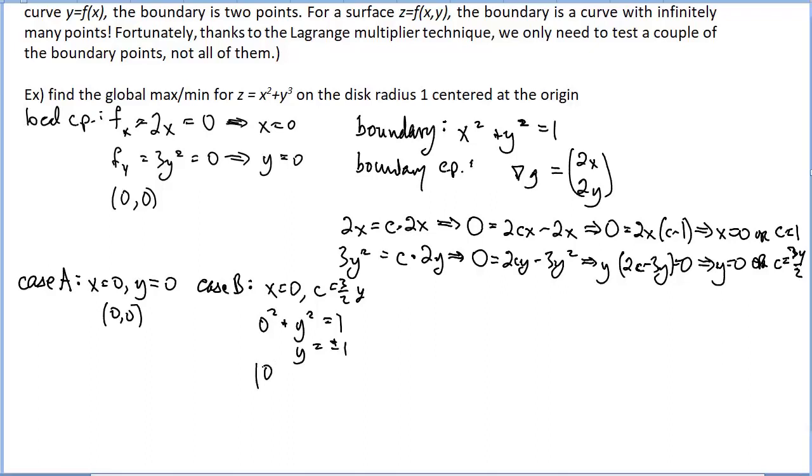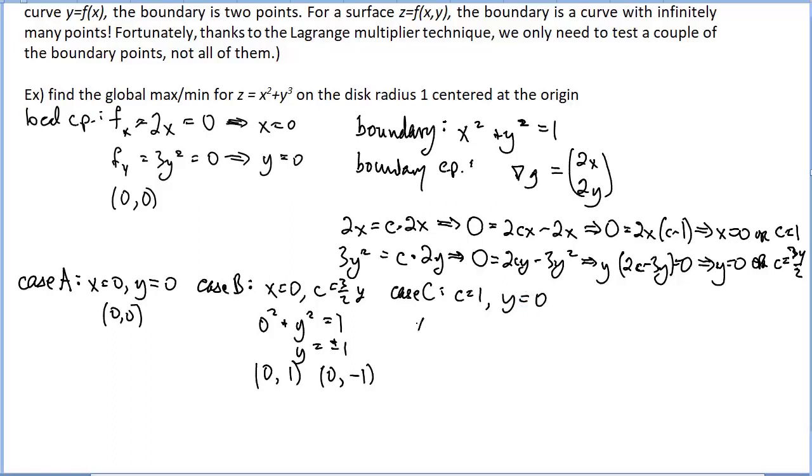So we already had that x equals 0, and then y could be 1, or x is 0 and y is negative 1. Next, third case, we have c equals 1, and then y equals 0.